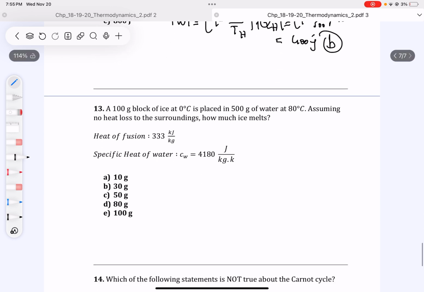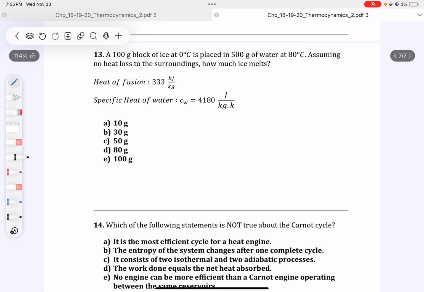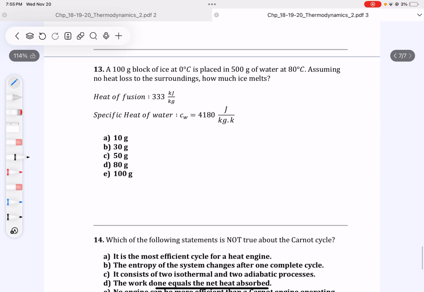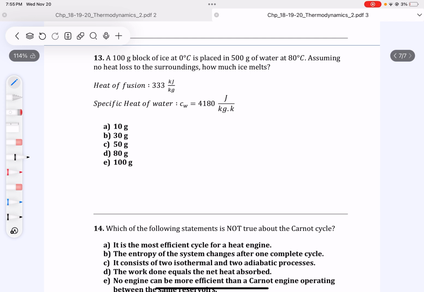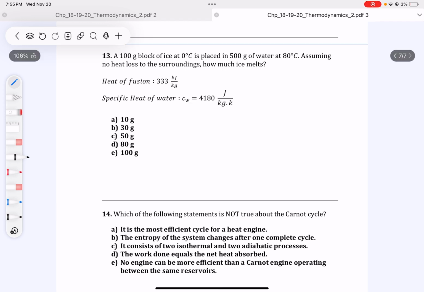Okay, last two questions. A 100 gram block of ice at 0 Celsius is placed in 500 gram of water at 80 Celsius. Assuming no heat loss to the surroundings, how much ice melts? Okay, here let's just see how much energy can be given by the water.